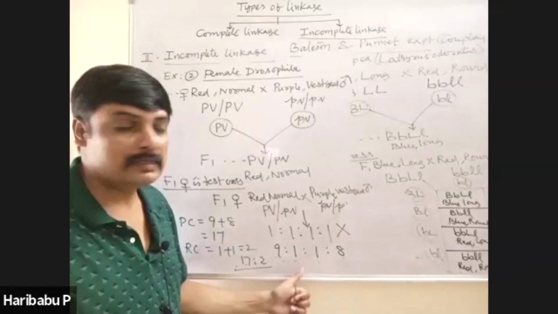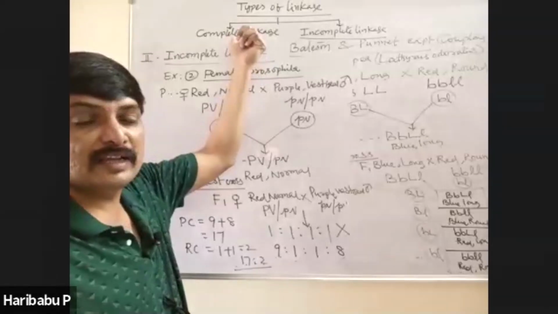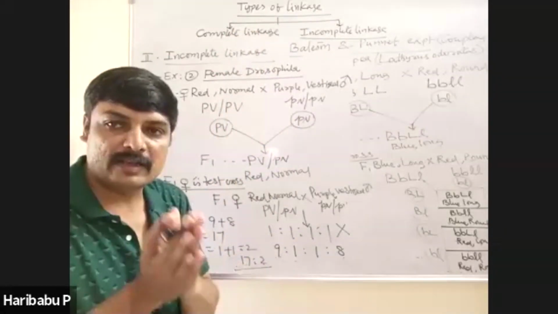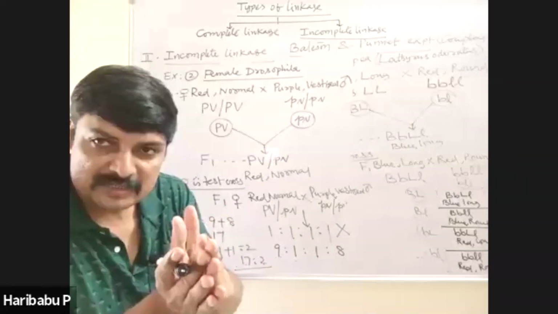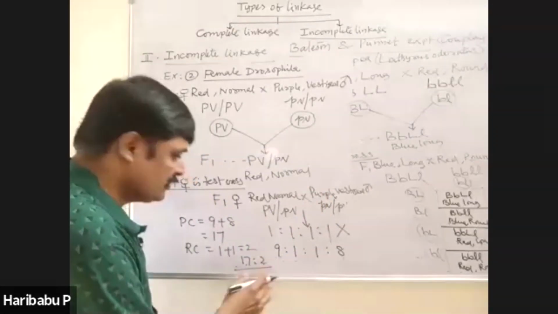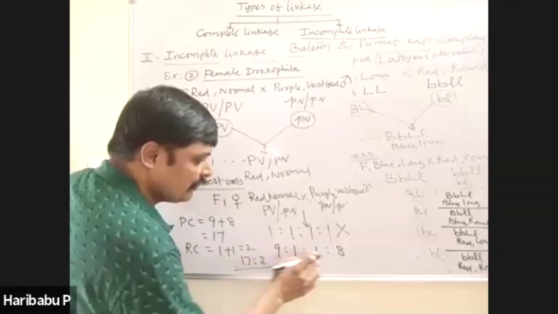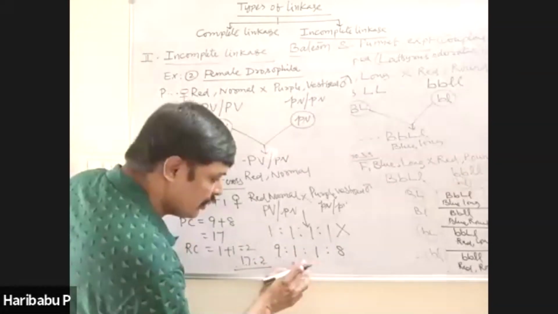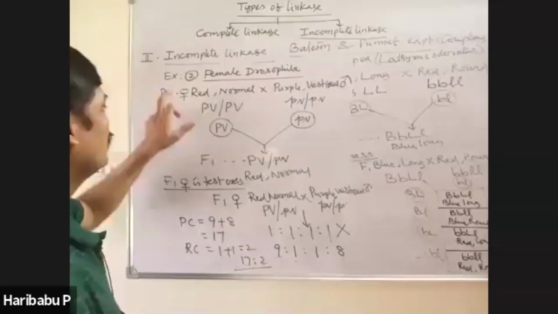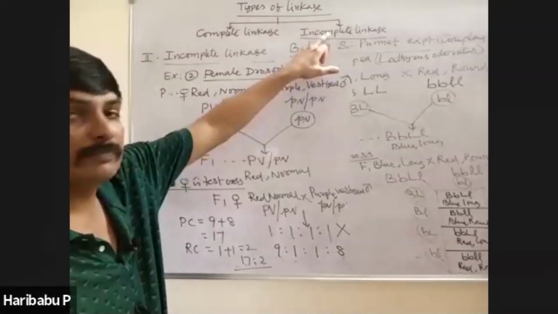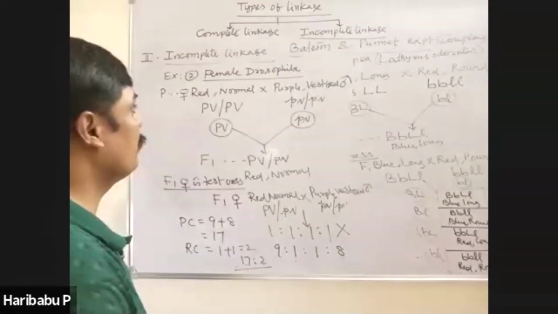But it is not like that in complete linkage. There, there is no possibility of getting recombinants because the genes are closely placed. As the genes are distantly placed here, there is a possibility of recombinations. Therefore, here along with parental combinations, recombinations are obtained. This is the second example for incomplete linkage.